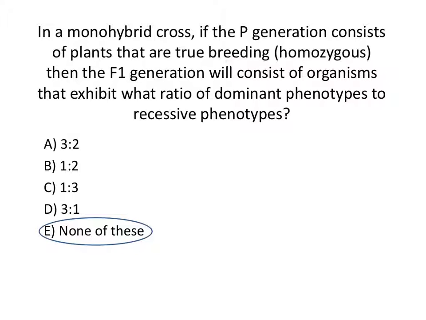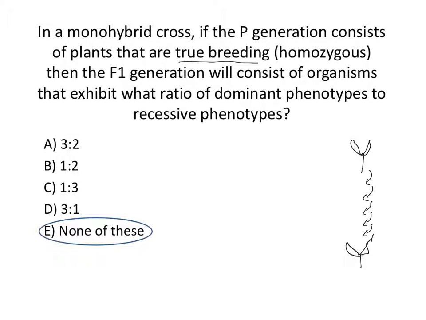True breeding just means that if we have a plant that has a particular trait, for example, might produce 2 leaves, it doesn't matter how many generations we look at, each of those generations will produce the same phenotype. So hence that wording, true breeding. Really what we're saying here is that they are homozygous.